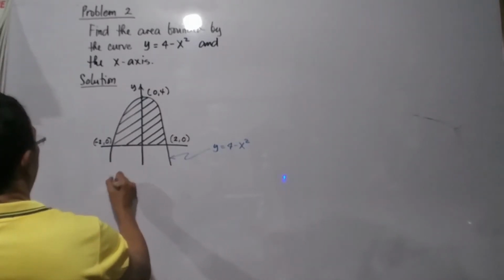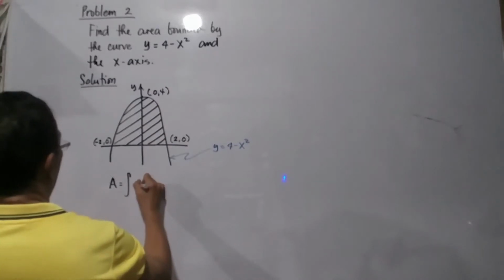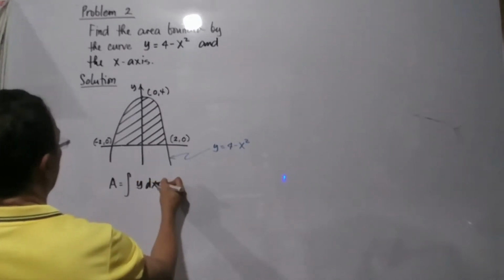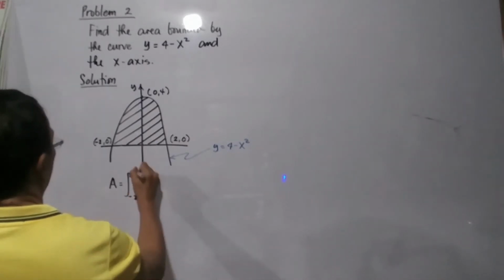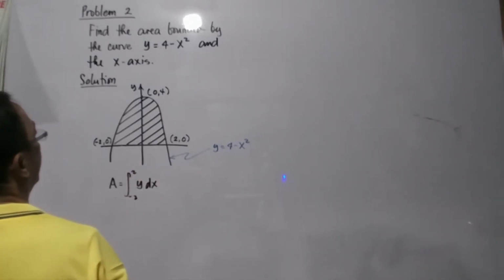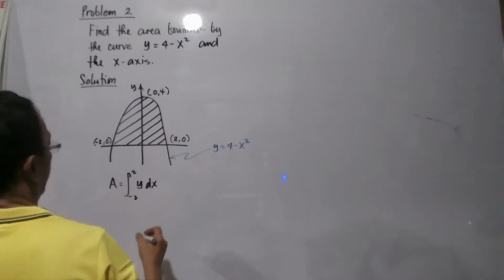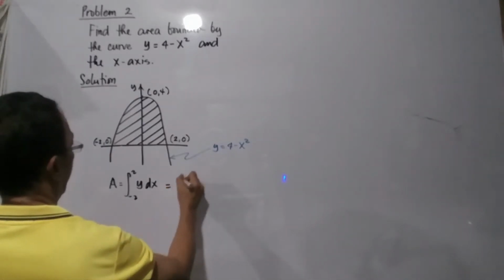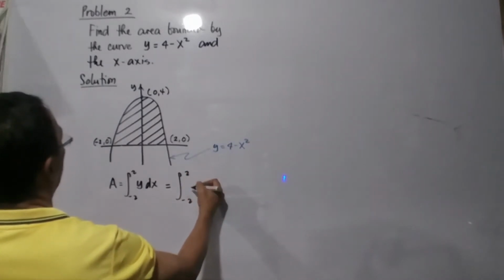So your area now is equal to the integral of y dx from -2 to 2. So you have now the integral of -2 to 2. What is your y?